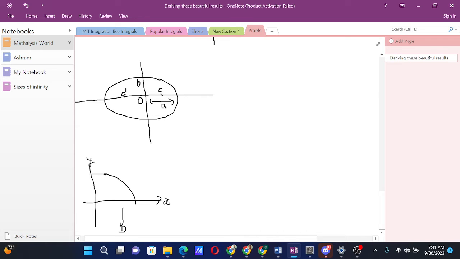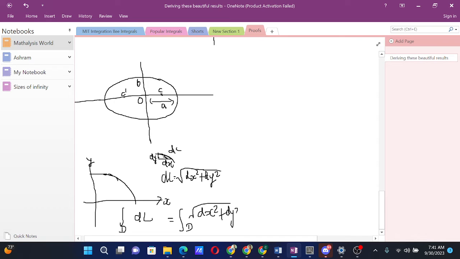In this very small part, if this is dl, we have a dx in this direction and a dy in this direction. We can see that dl is root under dx square plus dy square. So we will integrate root under dx square plus dy square over the required domain.